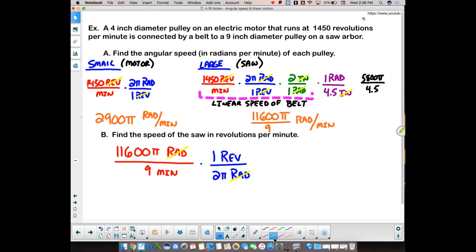And my radians now cancel each other out. 2 goes into 11,600 5,800 times. Pi cancels out pi, and I'm left with this saw is spinning at 5,800 over 9 revolutions per minute.